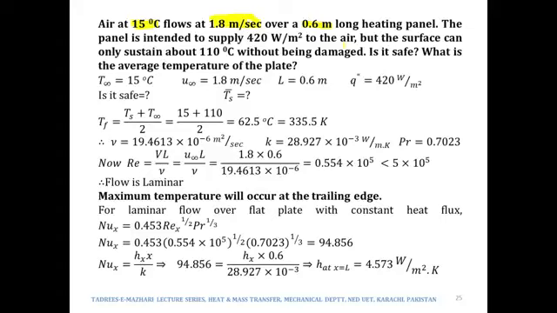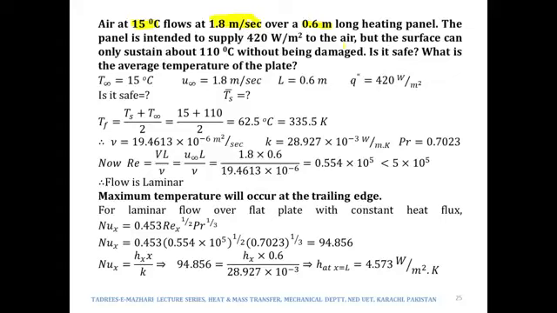Now see, when it says that, over here it would be a constant heat flux case, because it is very simply stated that the panel is intended to supply 420 watts per meter square to the air. So the heat flux is constant, whereas in the previous problem it was an isothermal plate problem, but over here it is the constant heat flux problem.